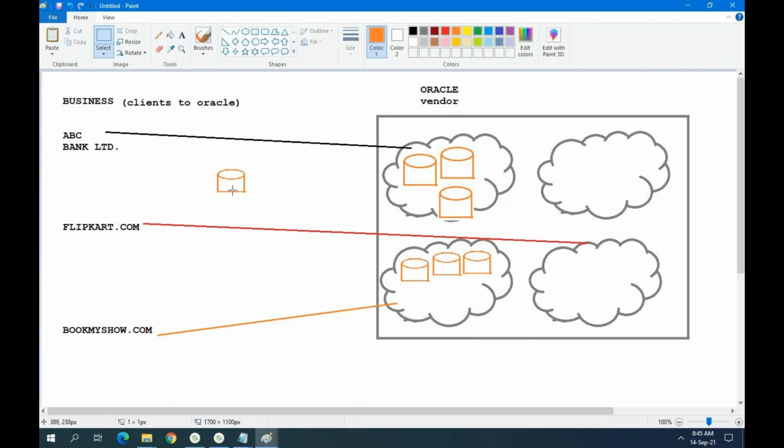That responsibility is taken care of by the vendor only. Amazon and Oracle are the major competitors in the world in providing databases or storage areas. So let's go on. This is called a cloud database.